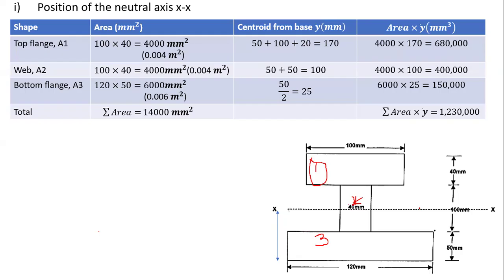Okay. Now, having done this, the next thing you can do is sum them up. 4,000 plus 4,000 plus 6,000. The end result is you have 14,000.